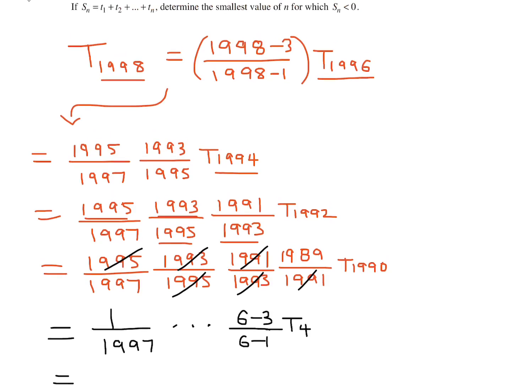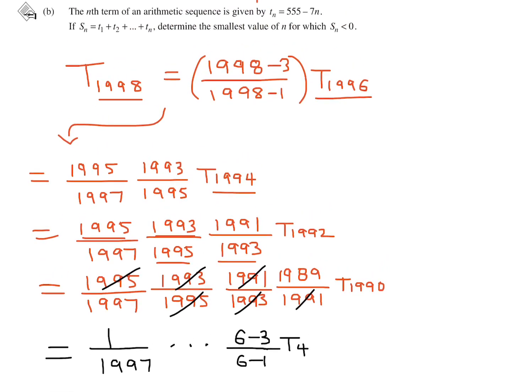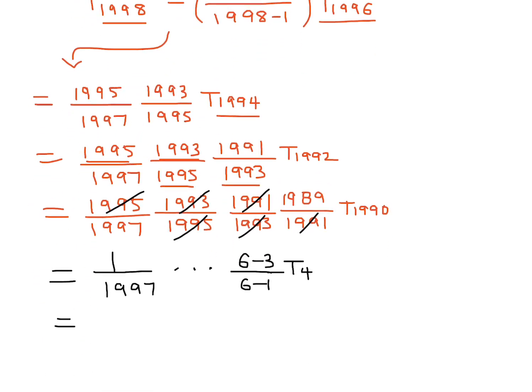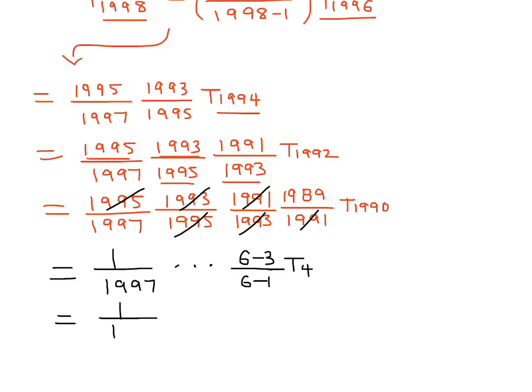So remember, this is just a pattern that I'm using this formula for. And then the very last one, if you keep going, 1997, 6 minus 3 is, of course, 3. 6 minus 1 is 5.